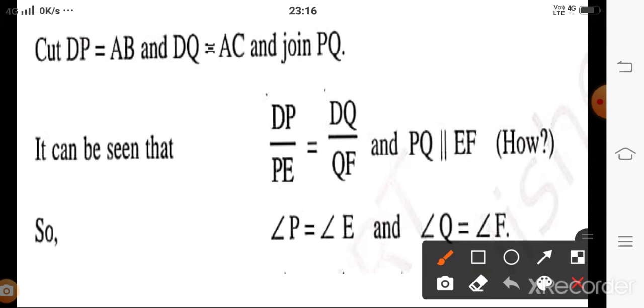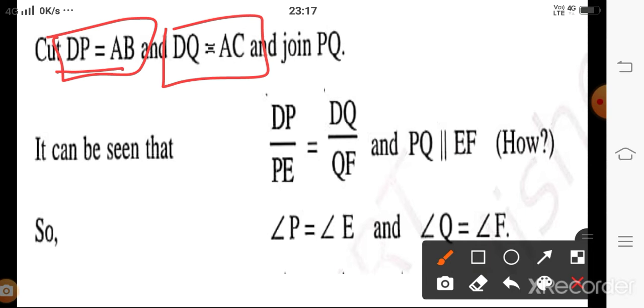Then again, what we are doing here is cutting the length. We take points P and Q on the sides DE and DF of triangle DEF, such that DP is equal to AB and DQ is equal to AC, and we join PQ, similar to the last theorem which we have done in this presentation.